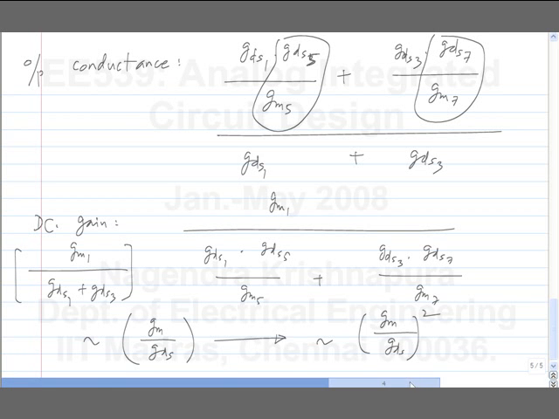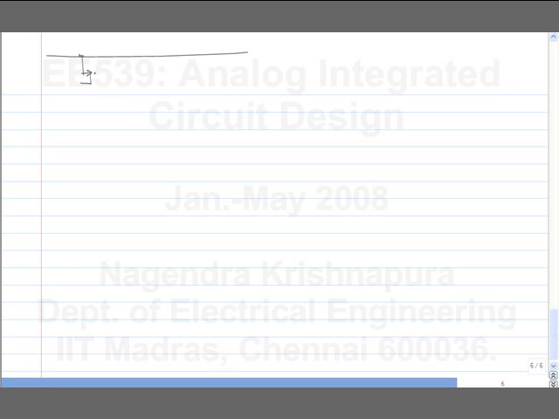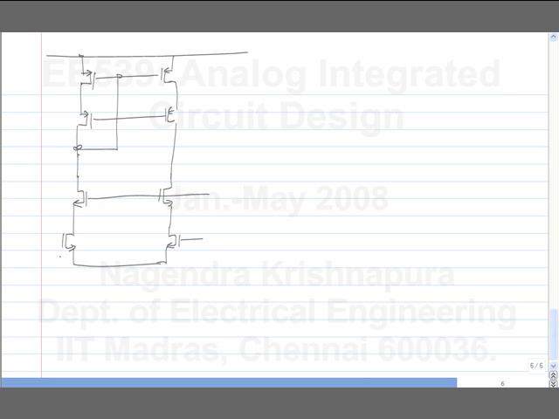So, we have the supply voltage and we need to provide for these two bias voltages also.